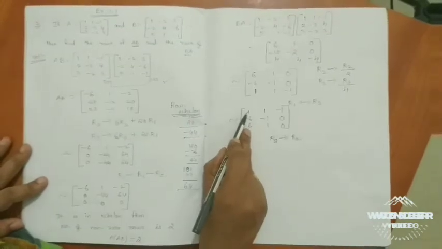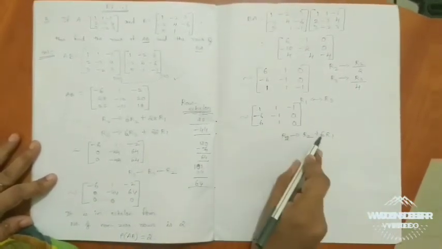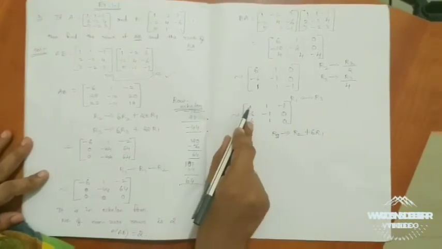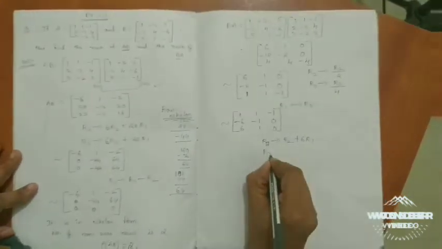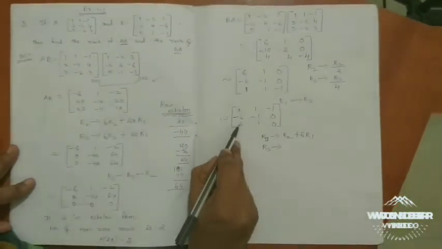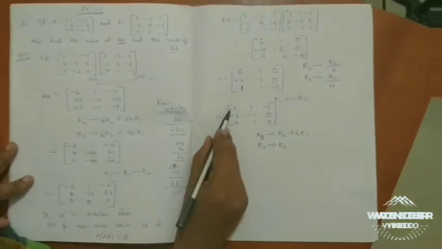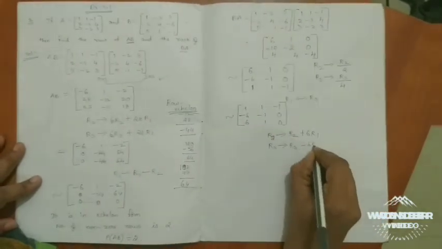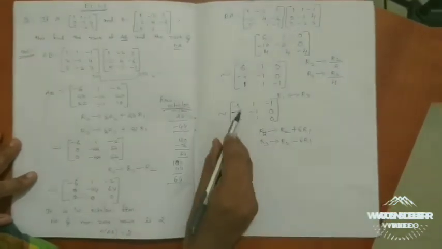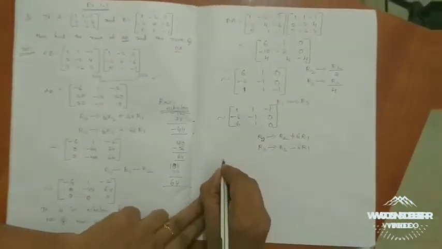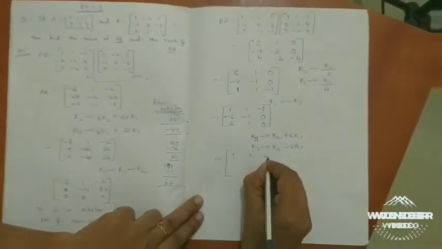So if I multiply by 6 here to R1, so that minus 6 plus 6 gets cancelled. So I can get this particular element as 0. Similarly, how can I make the R3 element 0? So here I have 6. So this is R3. And if I do minus 6 R1, minus 6 into 1, so you'll get minus 6. So 6 minus 6, you'll get it as 0. So we'll do that.